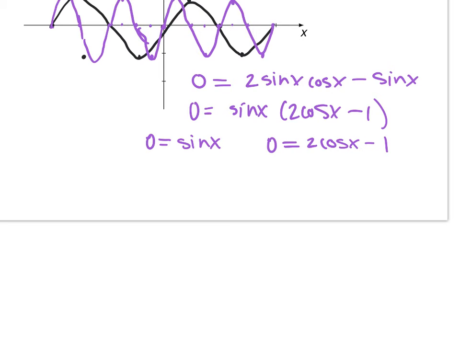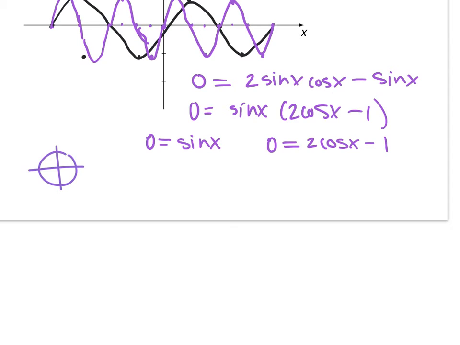So you look at your unit circle, and you say, okay, the first part. Where is sine equal to 0? 0, pi, 2 pi, etc., right?